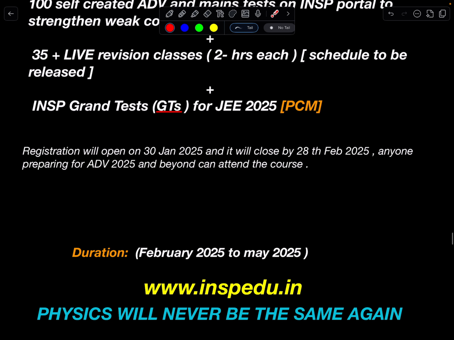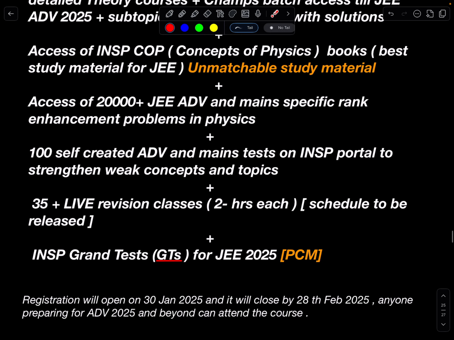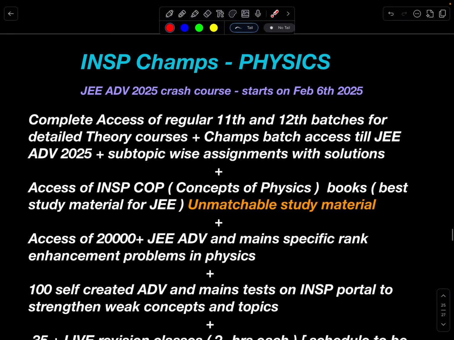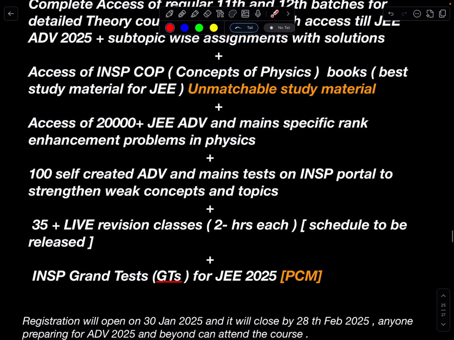And the duration is February 2025 to May 2025, so it will be available till your JEE Advanced exam. And guys, trust me, physics will never be the same again. This is my motto, and I have been working on the same thing. Those who are with us know the kind of work that is going on in physics.